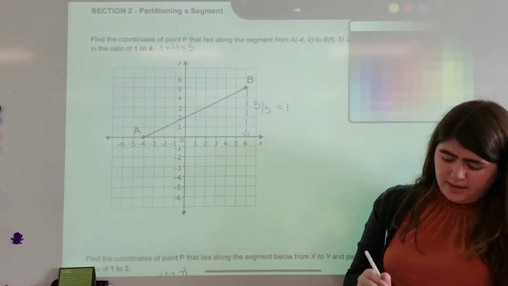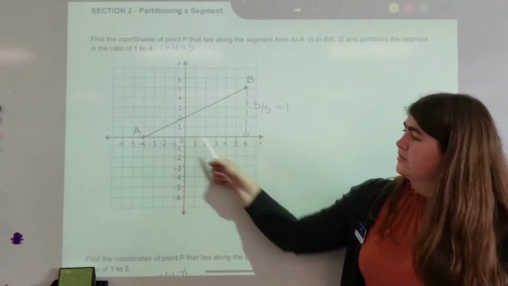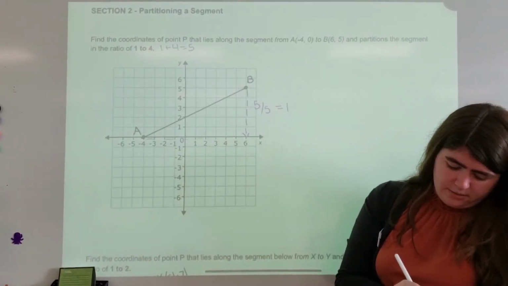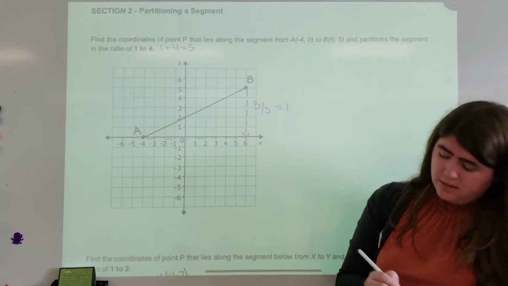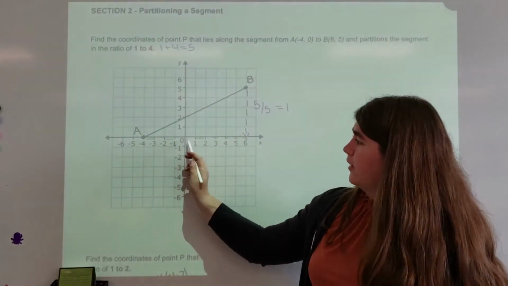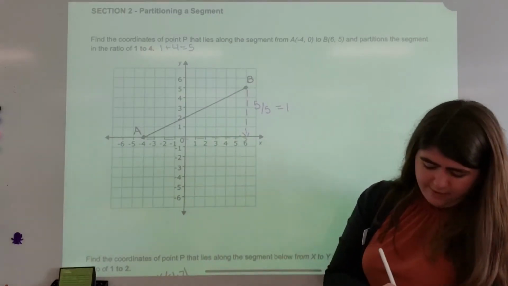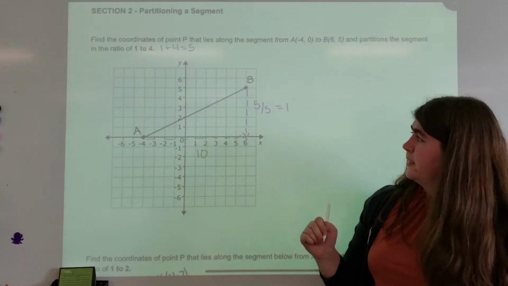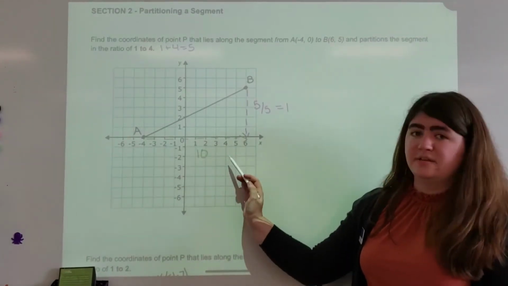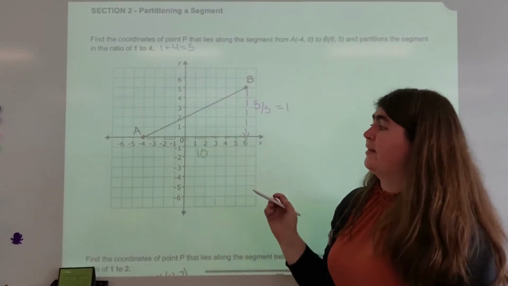Now I'm going to look at my horizontal direction. I travel from A to B horizontally this many spaces: 1, 2, 3, 4, 5, 6, 7, 8, 9, 10. So I traveled a distance of 10. I'm also going to divide my horizontal distance by the amount of sections that I want to have, which is 5.